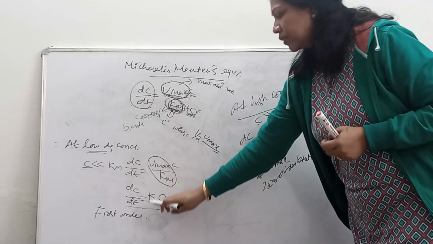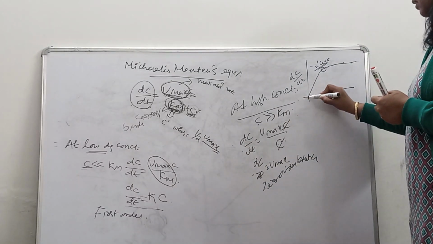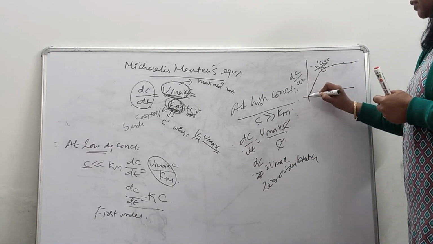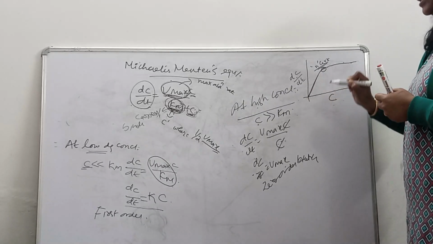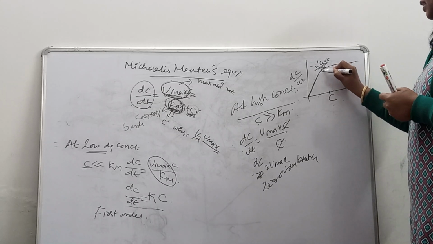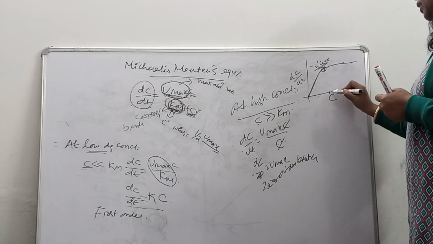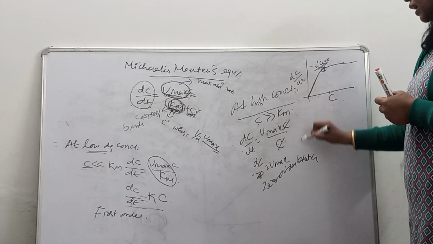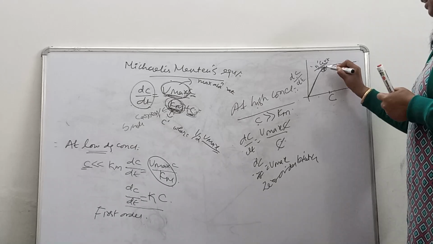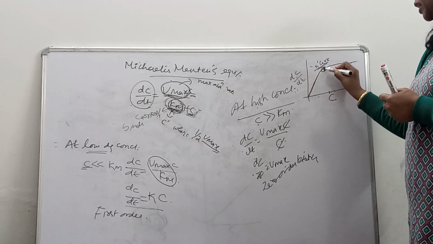That is, at low concentration the rate of absorption follows first order kinetics. That is, first order kinetics means the concentration and the rate relationship will be linear, that is at low concentration. Whereas after saturation, that is when the carrier will be saturated, when you increase the concentration, that is at high concentration more than that of the Km value, then there will not be any change in rate of absorption and it will remain constant.